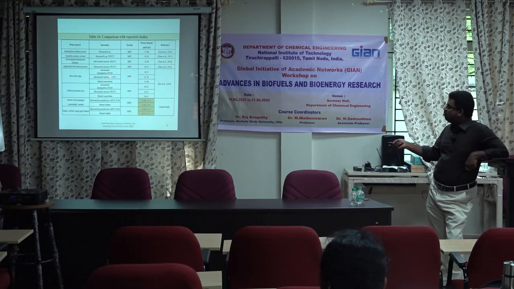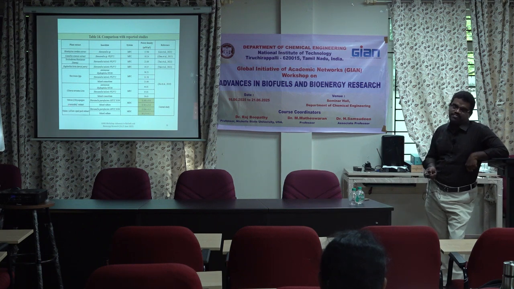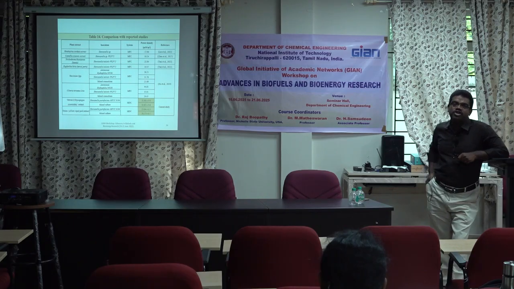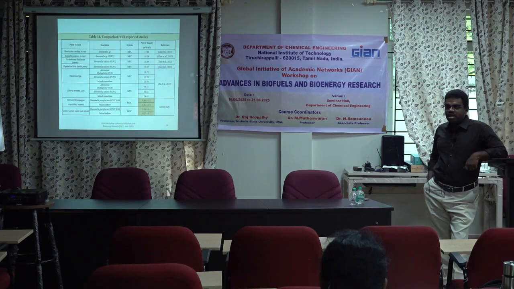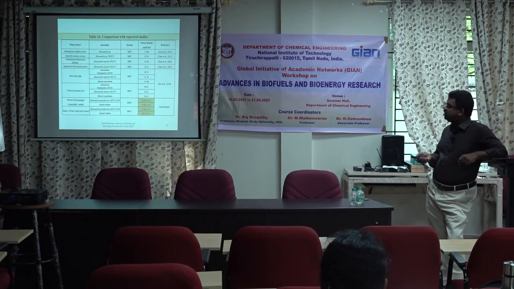Most of them are also trying this, but we achieved better than the others' work. We achieved 38.27 milliwatt per meter square power density as compared to any other literature. We achieved a maximum COD removal efficiency of 92 to 97%, and a desalination efficiency of around 32%, as compared to the literature.